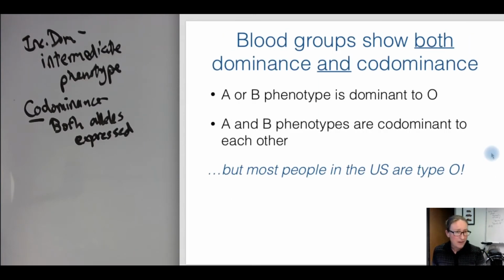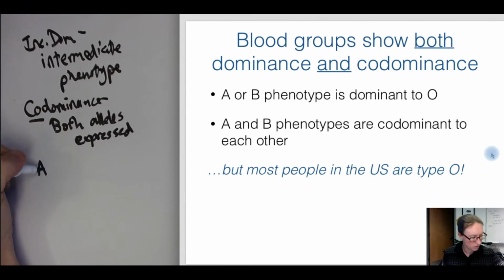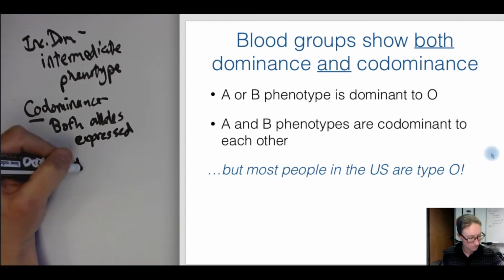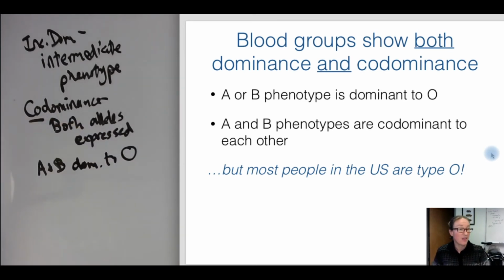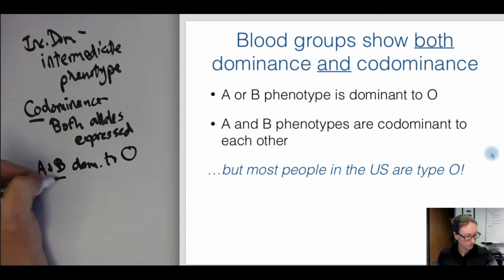So blood groups actually show a combination of dominance, or dominant recessive inheritance, and codominance. So the A and the B phenotypes are both dominant to O. Okay? But then the A and B phenotypes are codominant to each other.